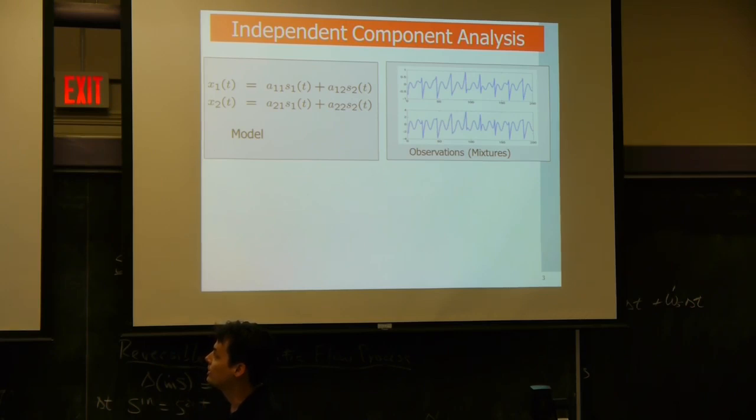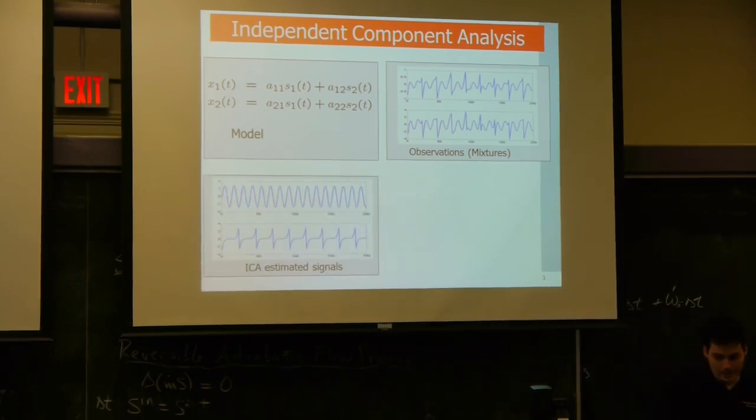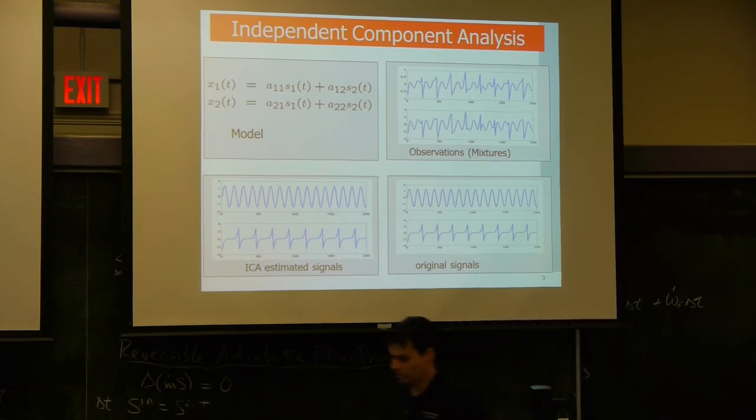So we can observe only x1 and x2. And the goal is to estimate the original signals. In this case, the original signals look like this. This is S1, this is S2. We can observe only these quantities, x1 and x2, and the goal is to estimate these quantities, and we will see algorithms that can recover sources like this. Is it clear what we want?